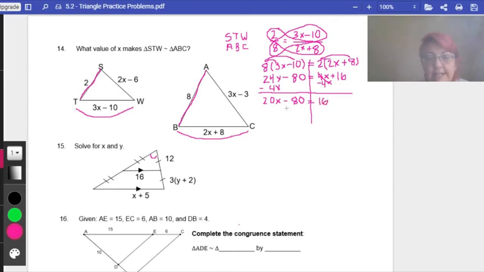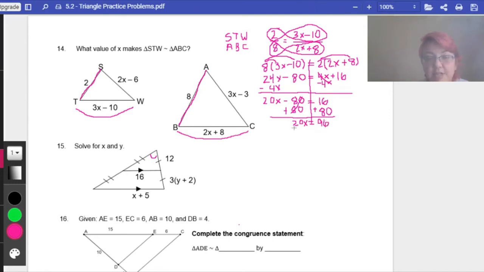Next, to get x by itself, I'm going to add 80 to both sides. Crosses out, and so 20x equals 16 plus 80, which is 96.